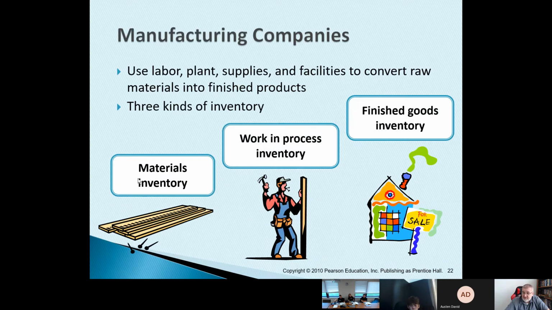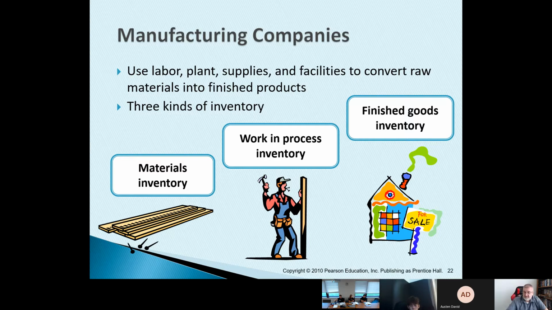Okay, so we have our material inventory. What do our materials cost us? We have our work in progress inventory, stuff that's being worked on still. And then we have our finished goods inventory, stuff that we finished and is ready to sell. But remember what we said earlier, if we haven't sold it yet, it's still an asset. So it's a finished goods inventory.